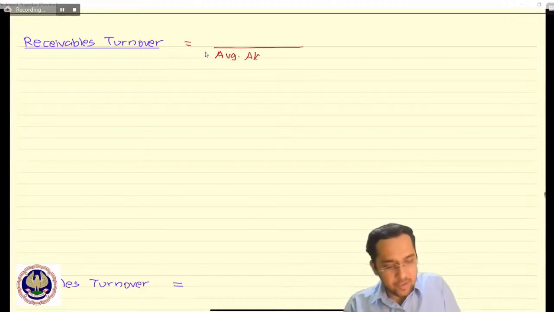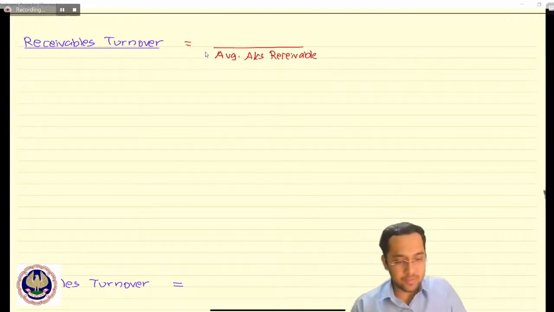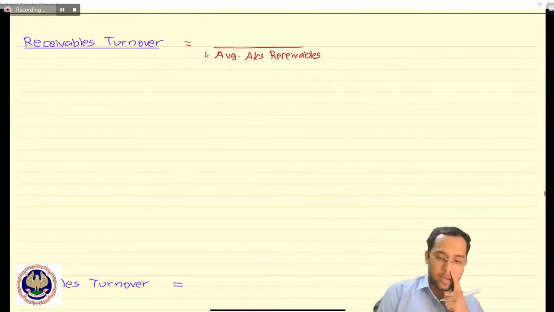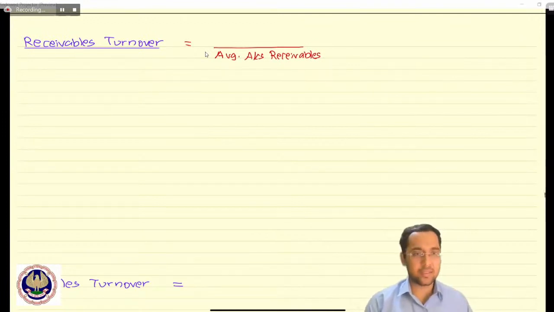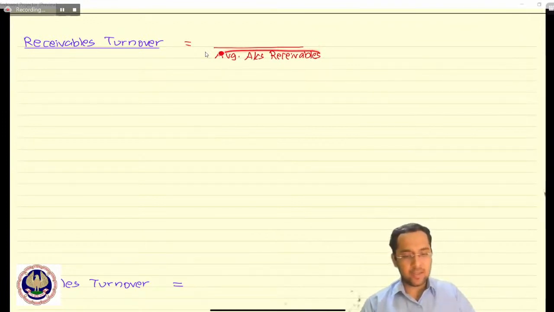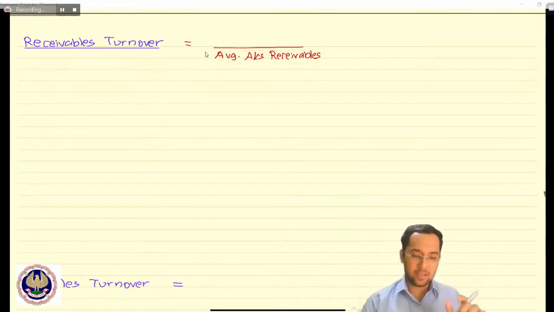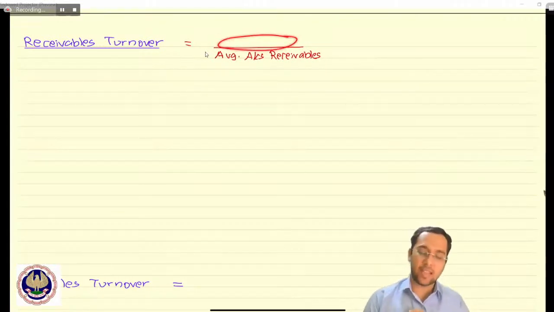We generally say it as average accounts receivable. What should be in the numerator? Can we have COGS? Doesn't make sense, because all my receivables will have the value at the sales value. So I cannot have COGS. So can we have sales?